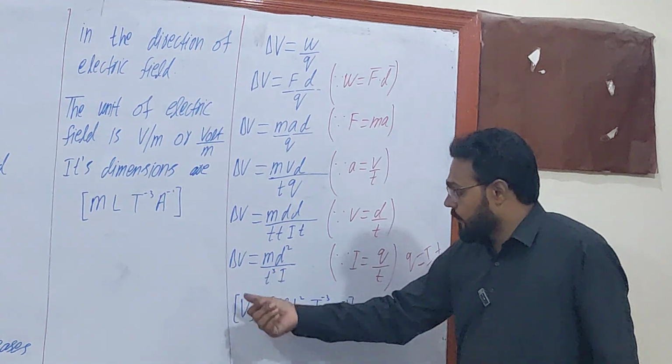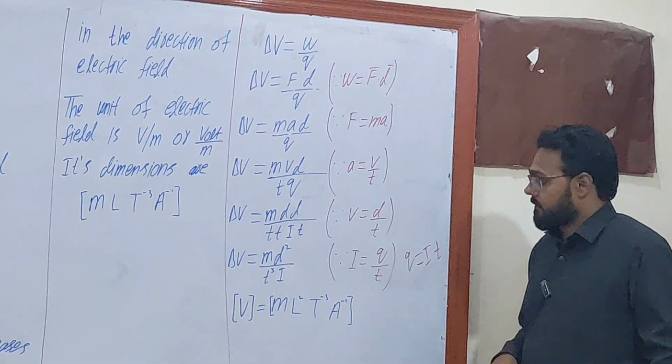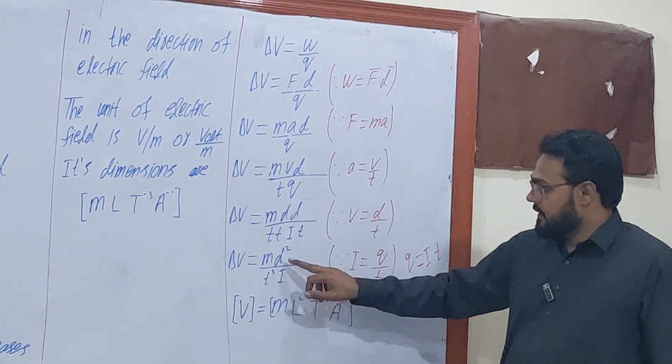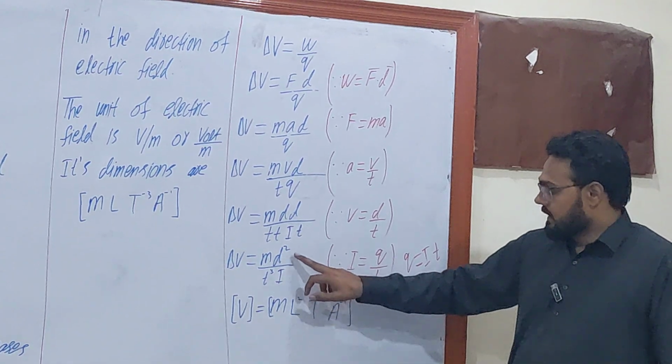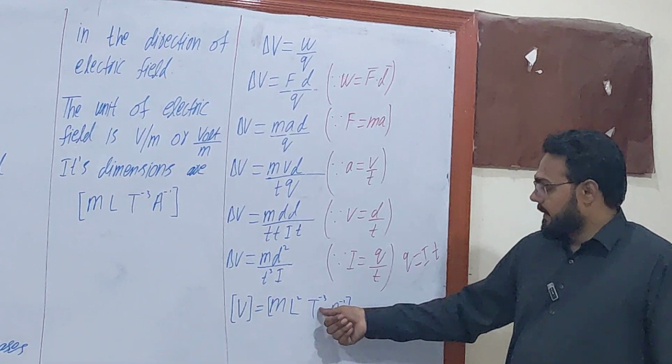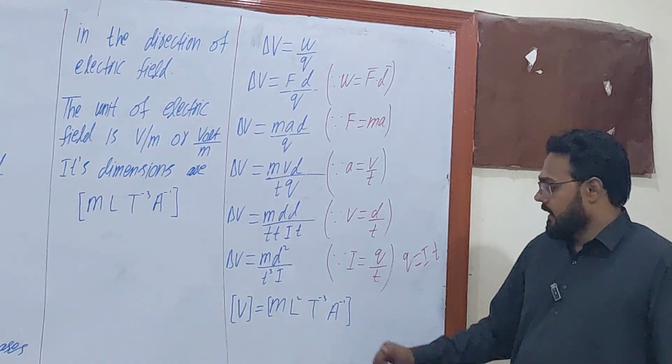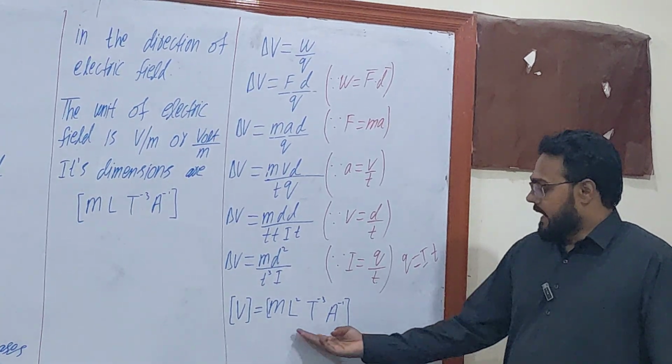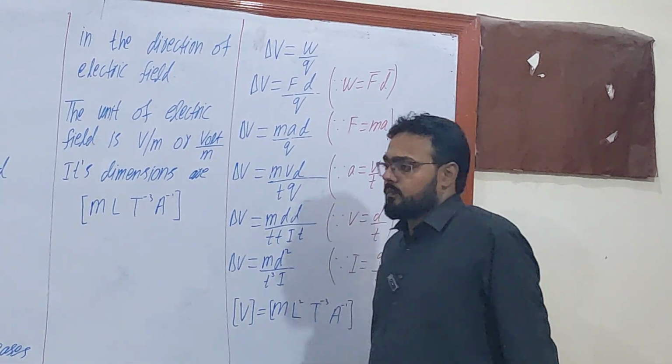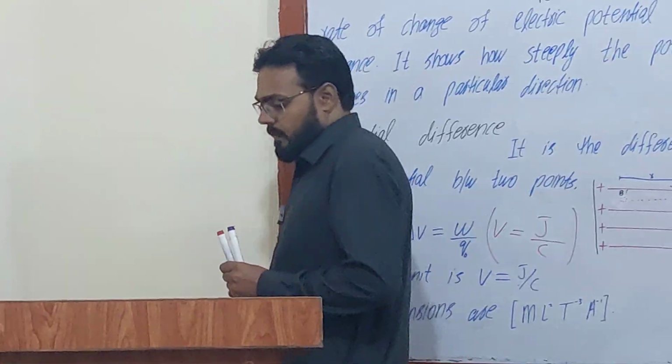So the dimensions of potential difference V: M is the mass, L is the distance, T is the time, A is the current. So those are the dimensions of volt, V. That's all.